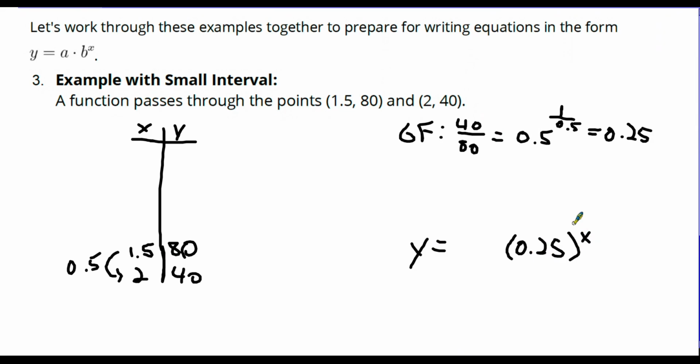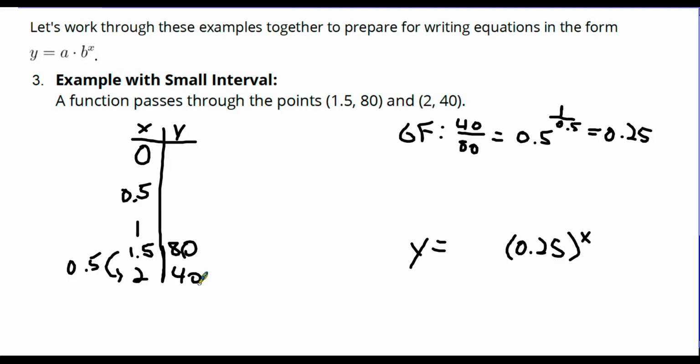All right, remember, this 0.5 was my growth factor over an interval of 0.5. But to get my growth factor over an interval of 1, I needed to raise that to the 1 over the difference in my x's. Now, we still need our y-intercept, right? We have to think back to an x-coordinate of 0. There are several ways that we can do that, but in this case, I think probably the easiest is just to work backwards.